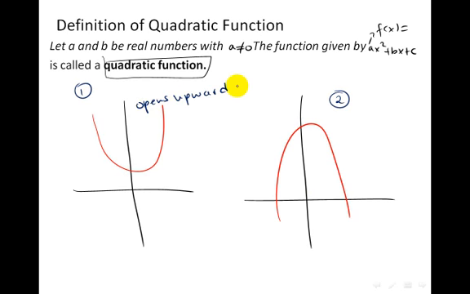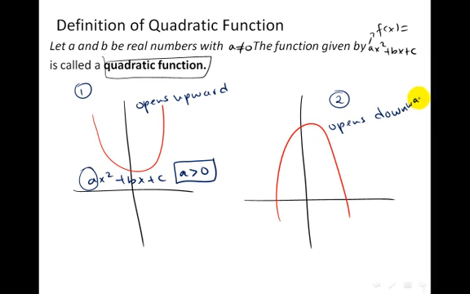Once you see that a graph is opening upward, you know this is for the quadratic function ax squared plus bx plus c, but here a is greater than 0. That means the leading coefficient is positive. This one opens downward. It has the same function, ax squared plus bx plus c, but here a is negative, so the leading coefficient is negative, and that's why it's opening downward.